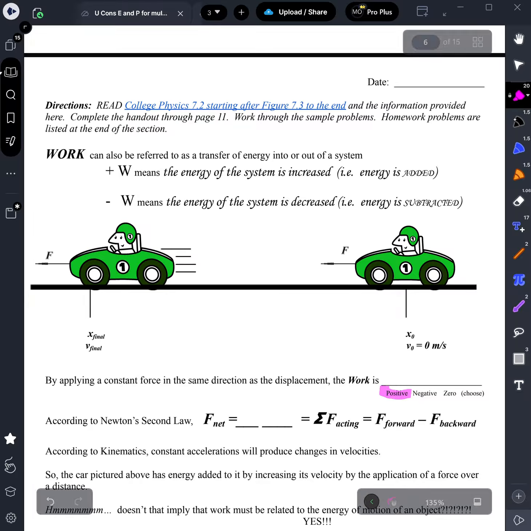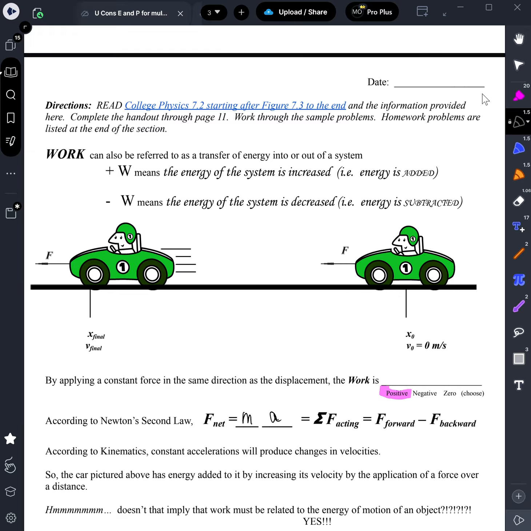We can also say that according to Newton's second law, which is that F net is equal to m times the acceleration, or the sum of the forces, meaning forces forward minus forces backwards, we can use kinematics and the accelerations to figure out changes in velocity.